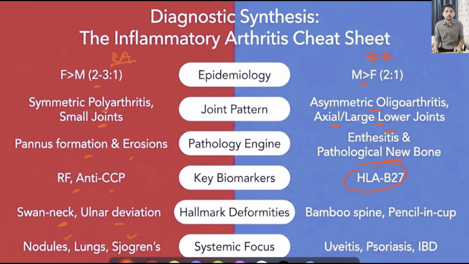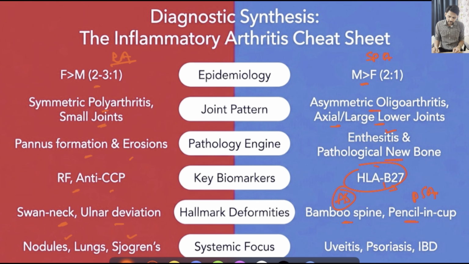And the key biomarker will be HLA-B27, though its mere presence will not dictate the individual as having spondyloarthritis, but it is a strong genetic risk factor as mentioned. And the hallmark deformities are bamboo spine in case of ankylosing spondylitis, whereas pencil-in-cup deformity in psoriatic arthritis.